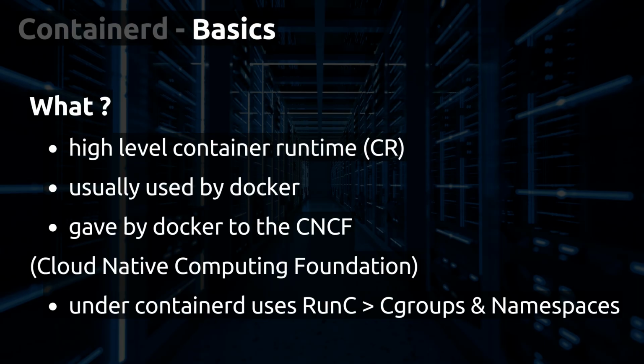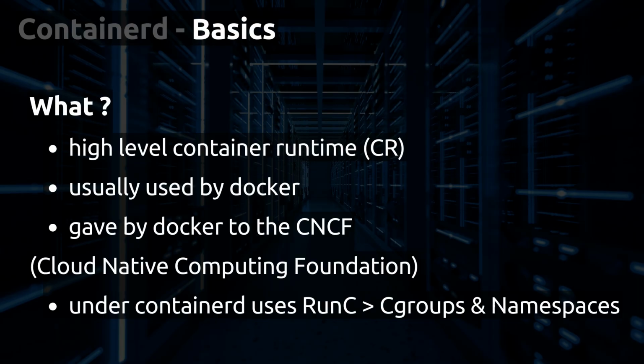So runC is a low-level container runtime. Containerd is a high-level container runtime, and Docker engine is another high-level container runtime on top of Containerd. But the goal is the same. In fact, at the end, the goal is to define or set cgroups and namespaces.